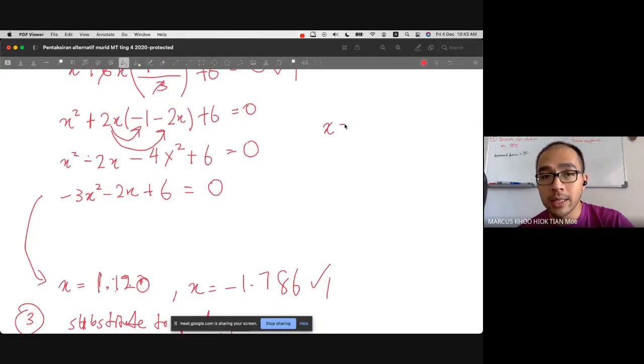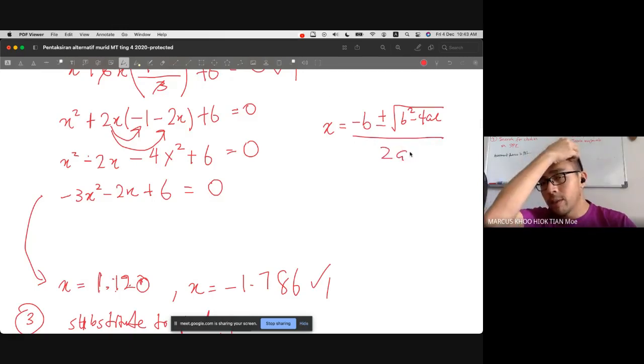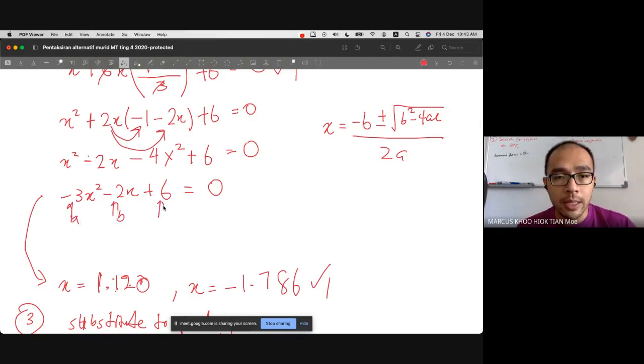Which is x equals negative b plus minus the square root of b squared minus 4ac over 2a. You cannot just write this to get the mark. You have to put the correct values. So this is a, this is b, and this is c.